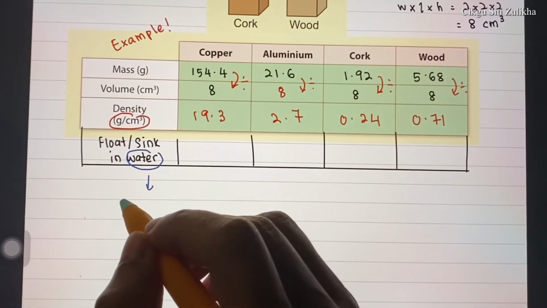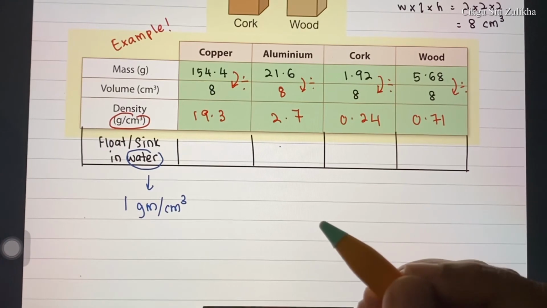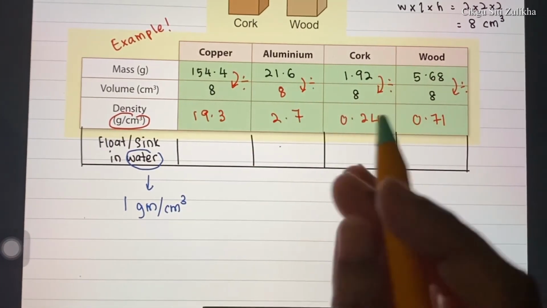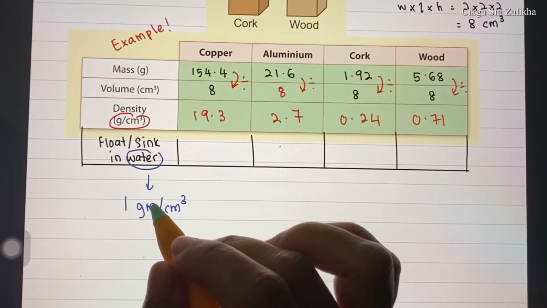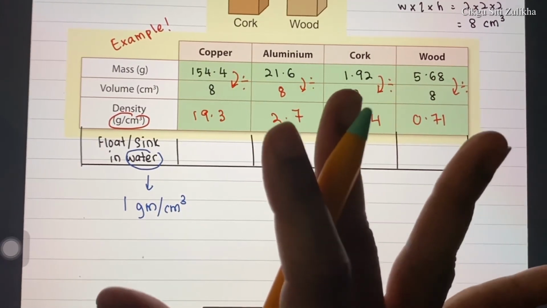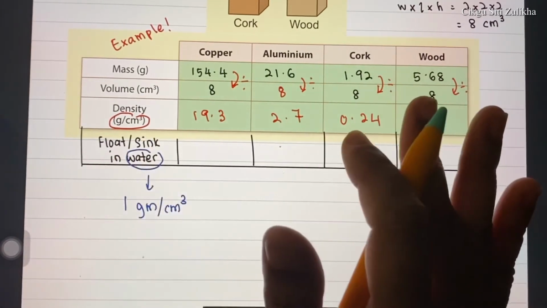Density of water adalah 1 gram per centimeter cube. So, if your density of an object lebih daripada 1, definitely dia akan submerge or dia akan sink. If density of an object itu less than 1, dia akan float.